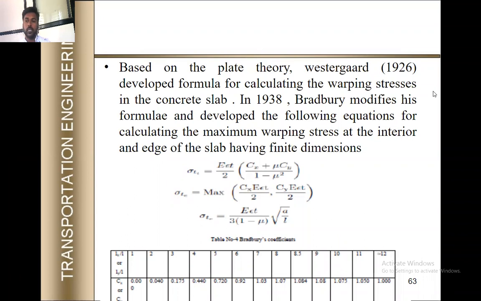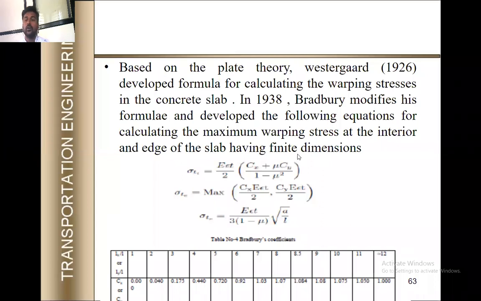Based on the plate load theory, Westergaard has given the formula for calculating the warping stresses as well. In 1938, Bradbury modified this formula and developed the following equations for calculating the maximum warping stresses at the interior, edge, and corner of a slab having finite dimensions.